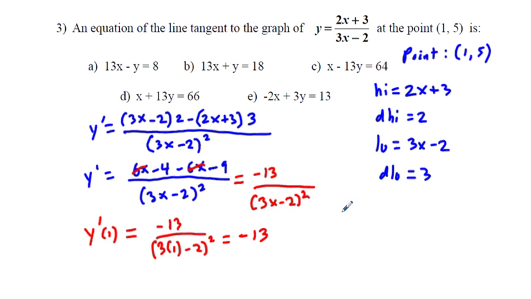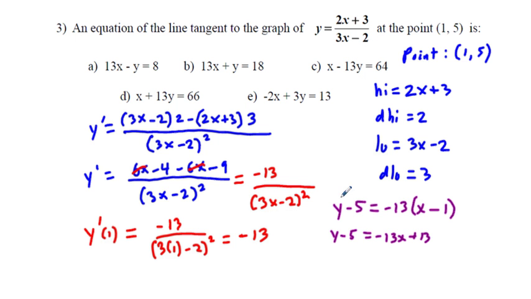And so looking at this, just putting it in point slope form, we have y minus y1, which is 5, equals our slope, which is negative 13, times x minus x1, which is 1. So we have y minus 5 equals negative 13x, and that's going to be plus 13.